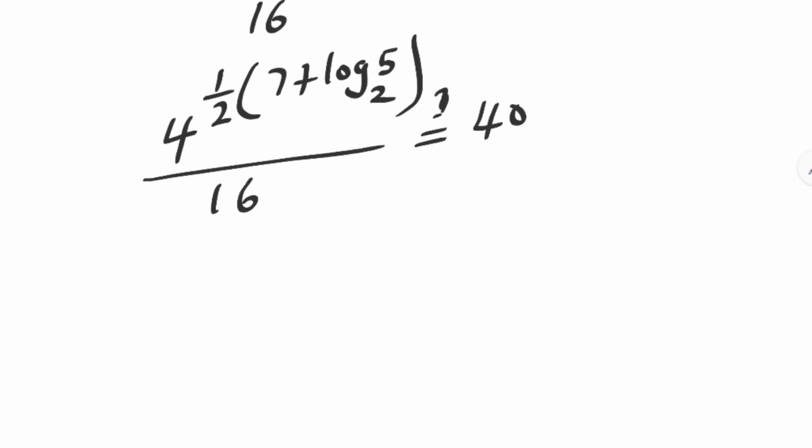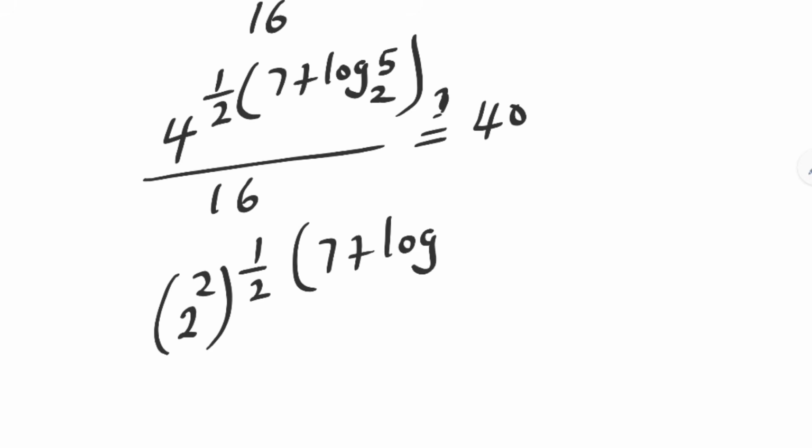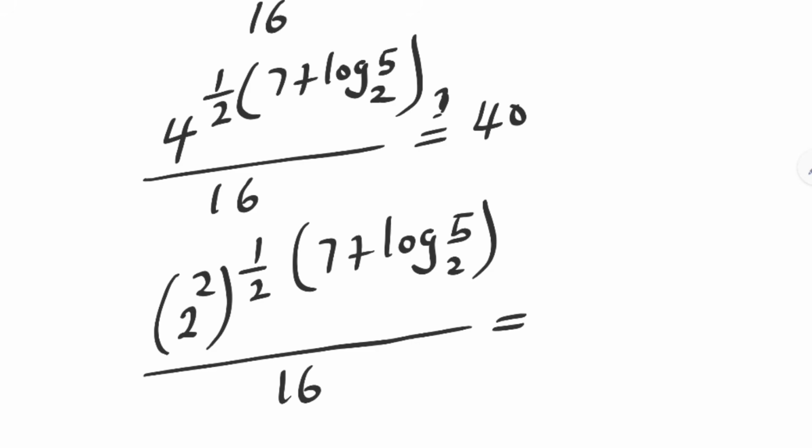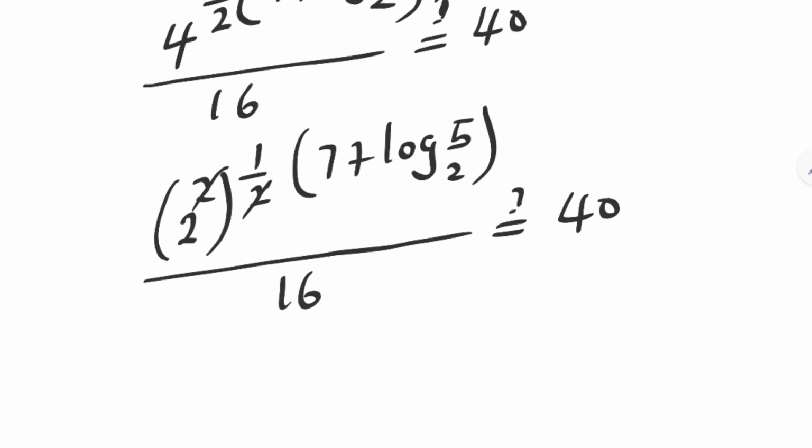Now, 4 can be written as 2 square, to the power of 1 over 2 bracket 7 plus log 5 base 2, over 16 must be equal to 40. This cancels this.